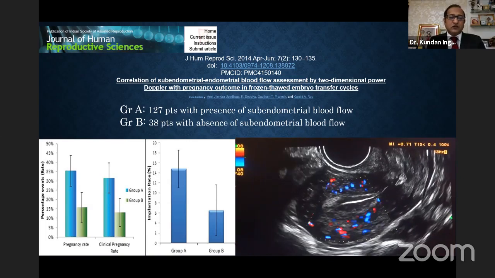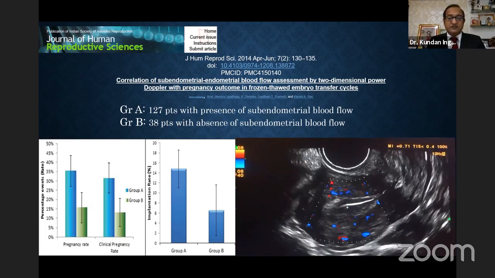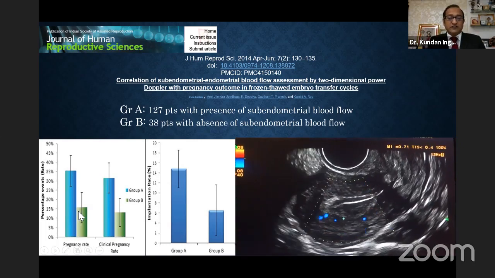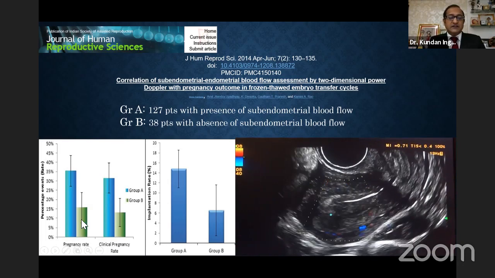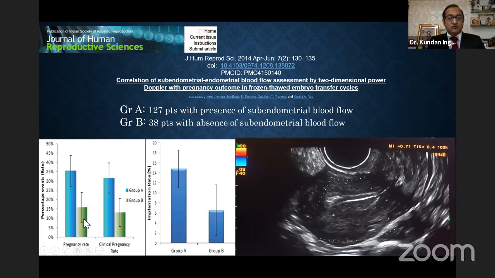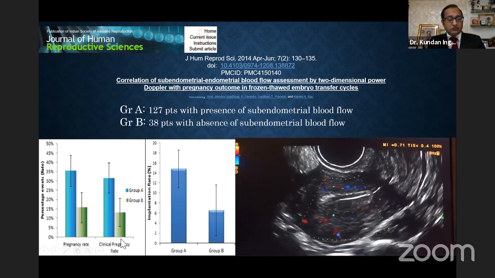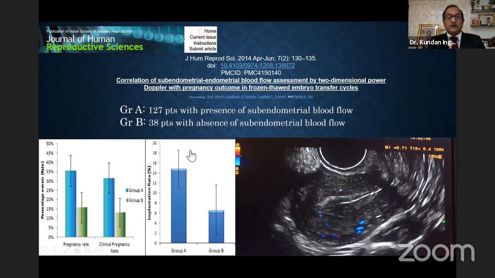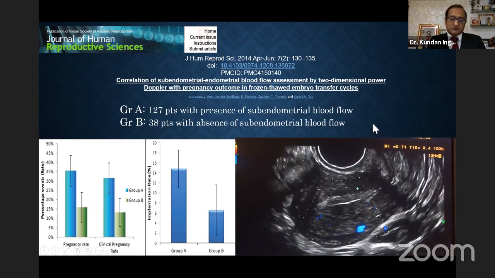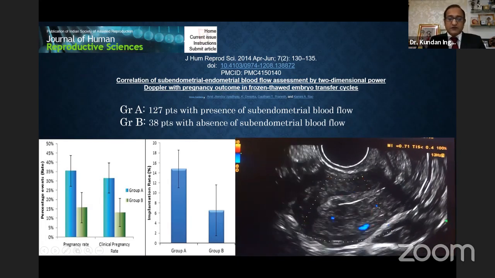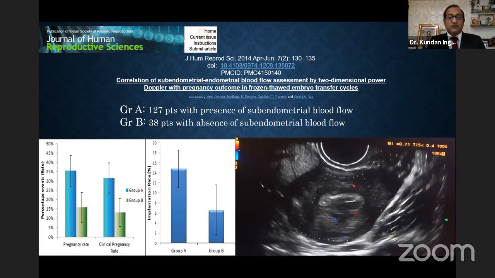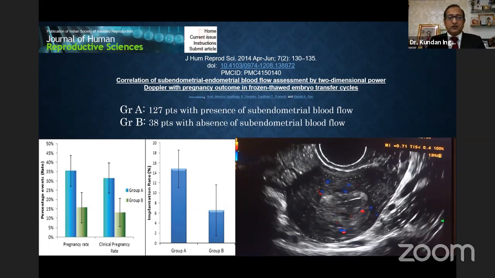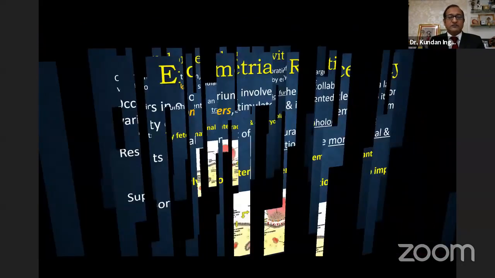This was a study in 127 patients in group A with the presence of good subendometrial blood flow and 38 group B patients with its absence, and there was a significant decrease in pregnancy rate in group B patients who had absent subendometrial blood flow. So one strategy is to use color Doppler when we are doing the endometrial scan and find out how much blood flow is there.